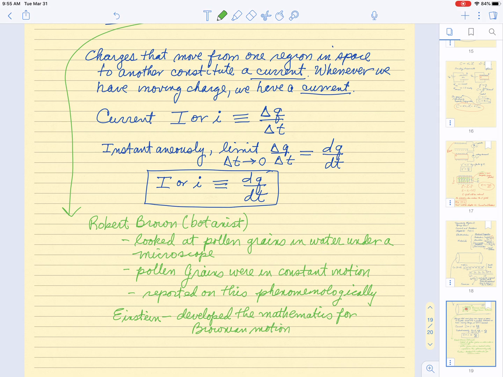And it was actually a French physicist who redid Brown's experiments.